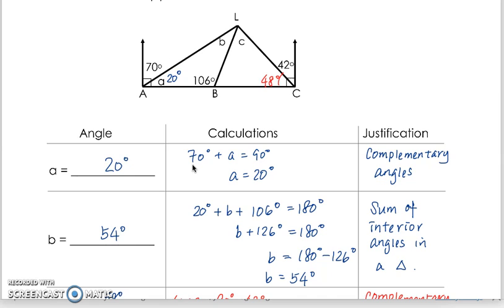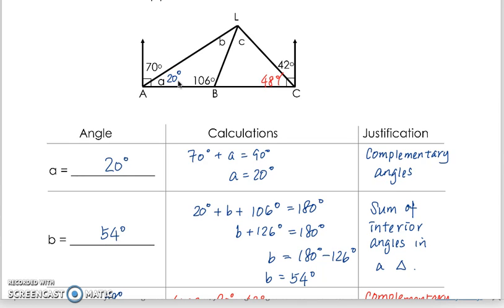Or it is 90 take away 70, which is 20 degrees. And we call this complementary angles, two angles that add up to 90 degrees. Once you have found the size of angle A, you can label 20 degrees on the diagram because this may help us to find the other angles.